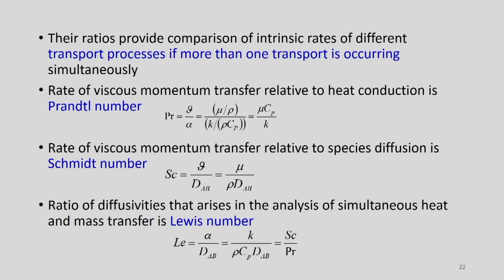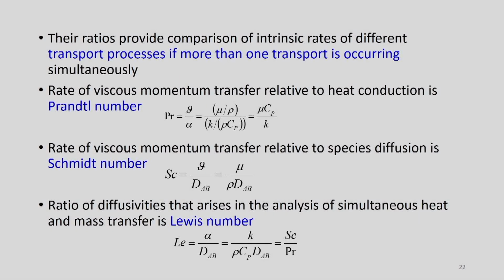We know that at least two of them exist at a time, and sometimes more than two also occur. So the ratios of the thermal diffusivity, kinematic viscosity, etc., provide a kind of a priori information about which transport mechanism is going to lead, so that we can accordingly simplify the problem to get restricted solutions.